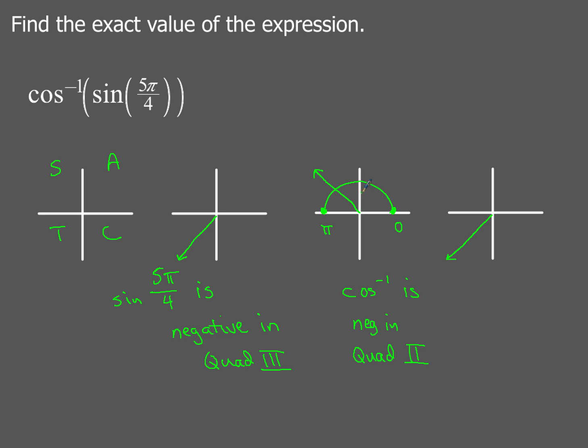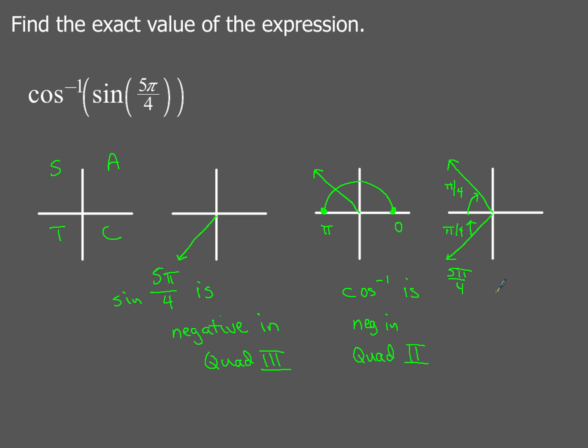So my angle that I'm going to end up with is going to be somewhere up here in quadrant number 2. So to find that, again, I'm going to have to find that reference angle. If I'm at 5 pi over 4, to get back to the x-axis, or where the pi is, I travel a distance of pi over 4. But I have to go up another pi over 4 to get to where that angle would be in quadrant number 2.